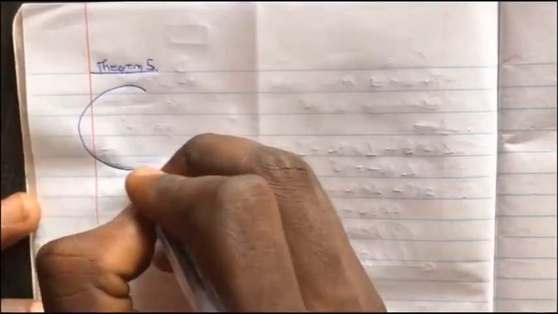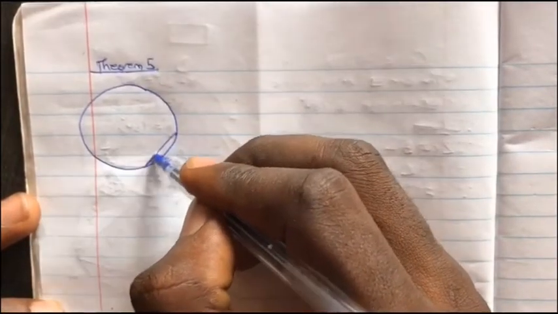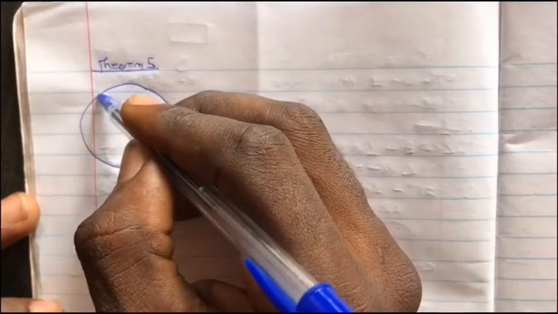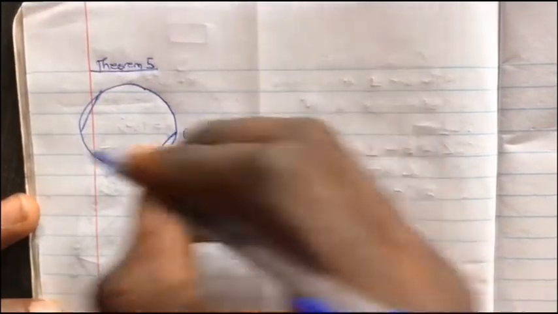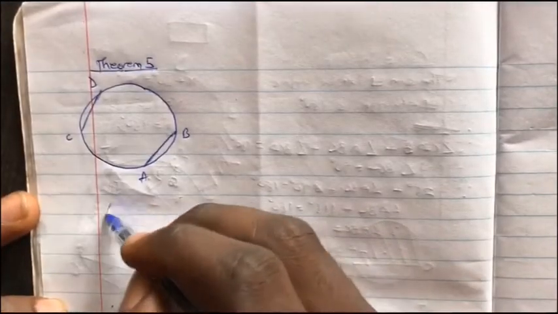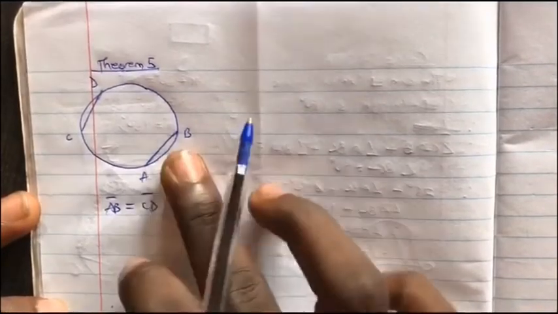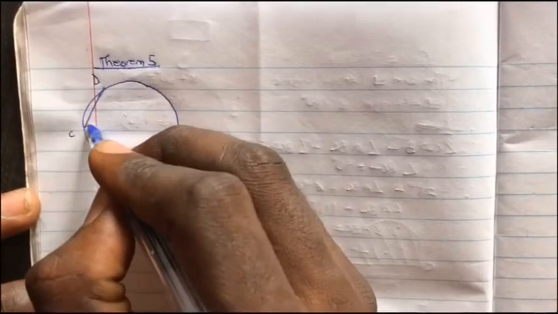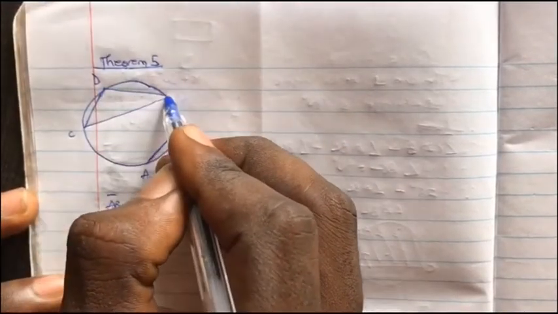So we have a circle, and this is a chord, and this is also a chord. Let this chord be AB, and this be CD. You are saying that provided AB is equal to CD, provided that these chords are the same, then the angles that they subtend at the circumference are equal.